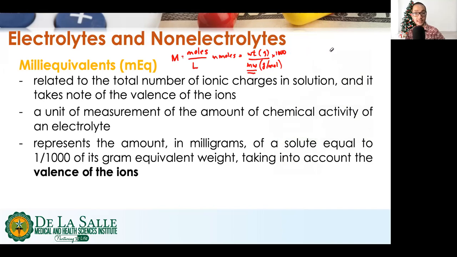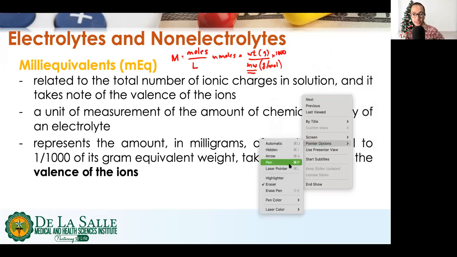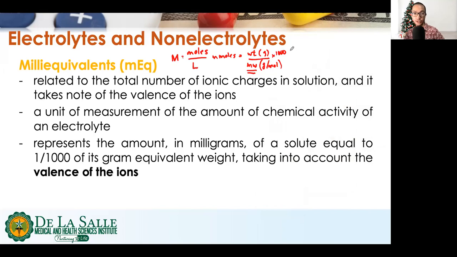This 1,000 is simply the conversion factor that converts your milligram to gram or vice versa. That is the only reason for it. So the number of millimoles is equal to grams of the substance times 1,000 divided by the gram molecular weight of the substance. So 1,000 is actually the conversion factor. 1,000 milligrams are equivalent to a gram of the substance.